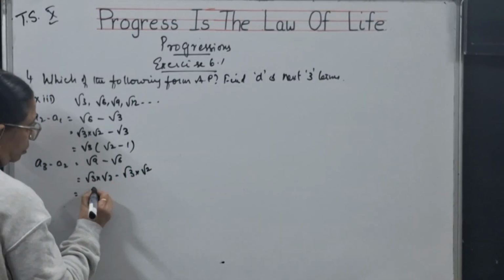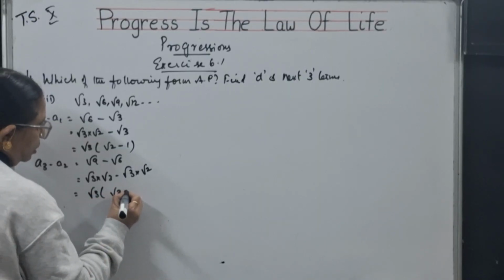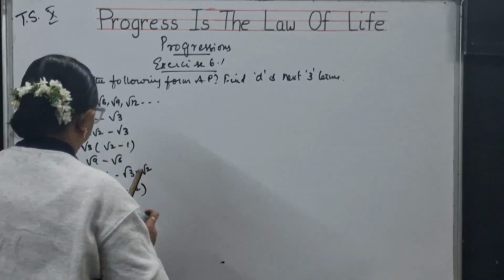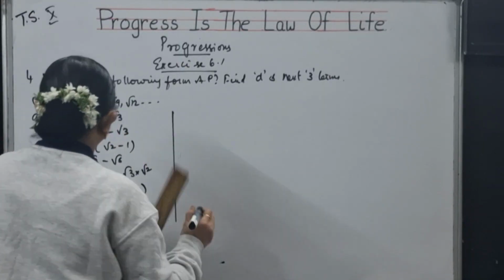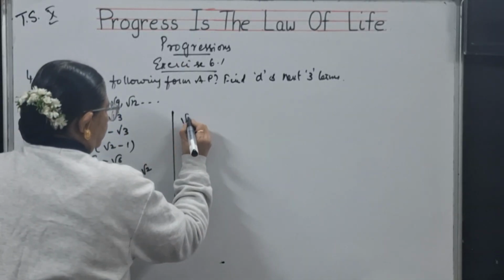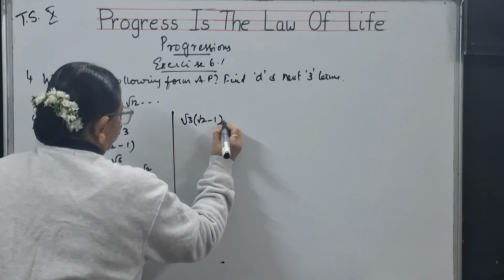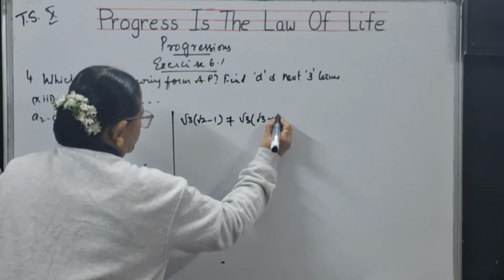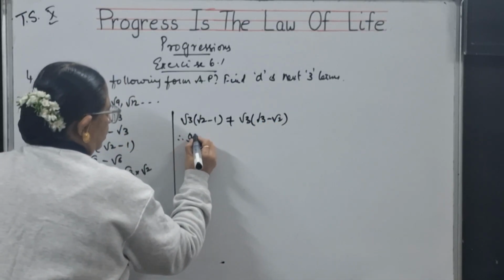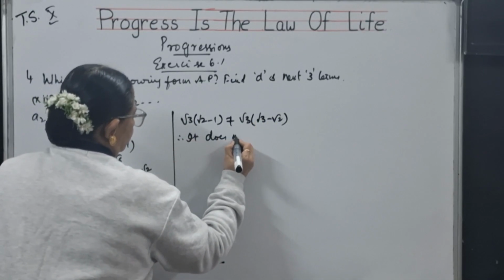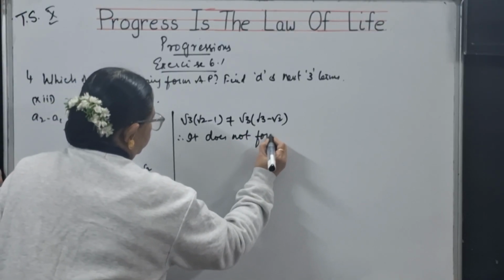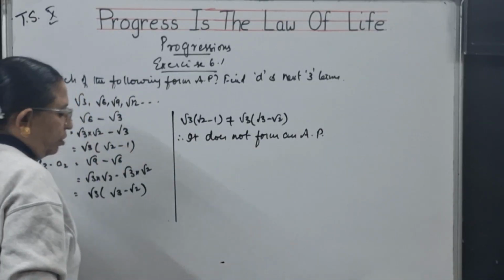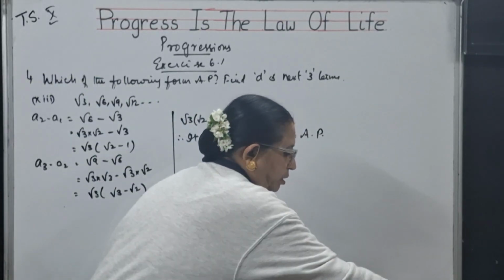So in these two, root 3 is common. Root 3 minus root 2 you will be getting. That means root 3 into root 2 minus 1 is not equal to root 3 into root 3 minus root 2. Therefore, it does not form an AP. Then there is no question of finding the next three terms.